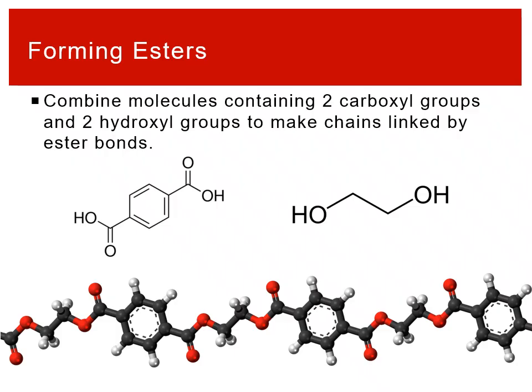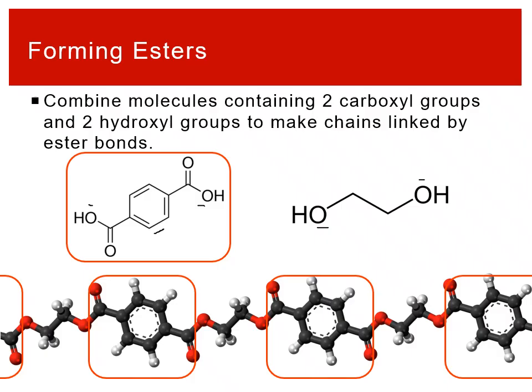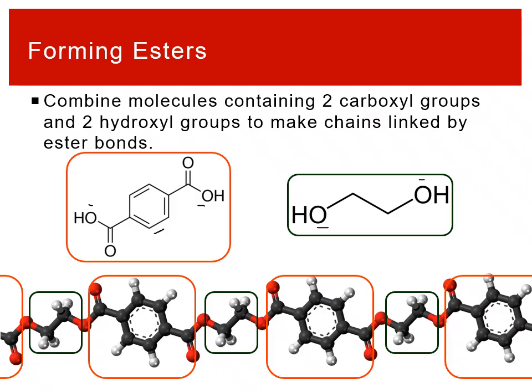If you take a molecule like this over here that has carboxylic acids on two sides, so a carboxyl group, and then a molecule with a hydroxyl group on both sides, and you let these react with each other, what would happen is you can end up forming chains, because one side of the double carboxylic acid can react with an alcohol, and another one can react with another alcohol, and these can keep linking together across these different groups, and you can make a long chain that is held together by these ester bonds.